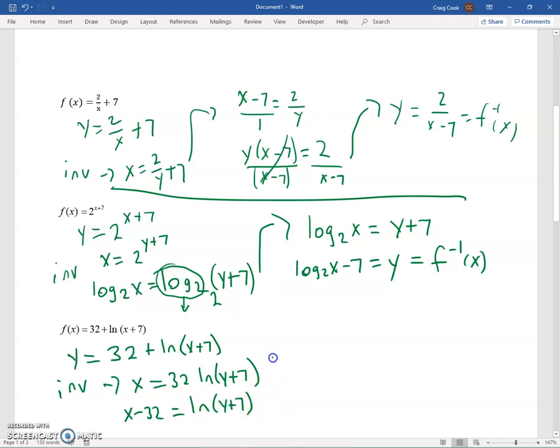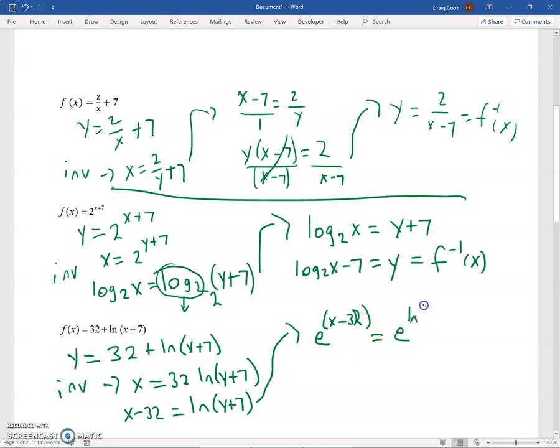Well, now we got this y with an ln. The only way we can get rid of an ln is an exponent. This one is maybe not as intuitive, but we're going to use the base of e, and raise e to both sides, using both sides as the power.